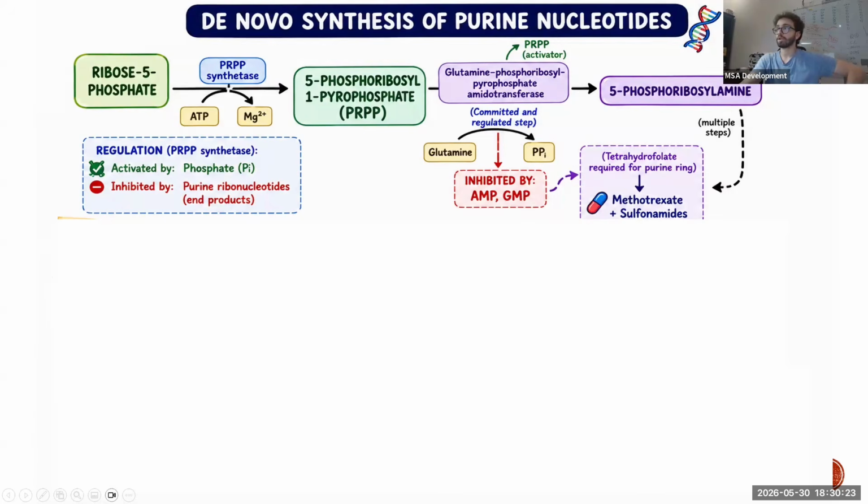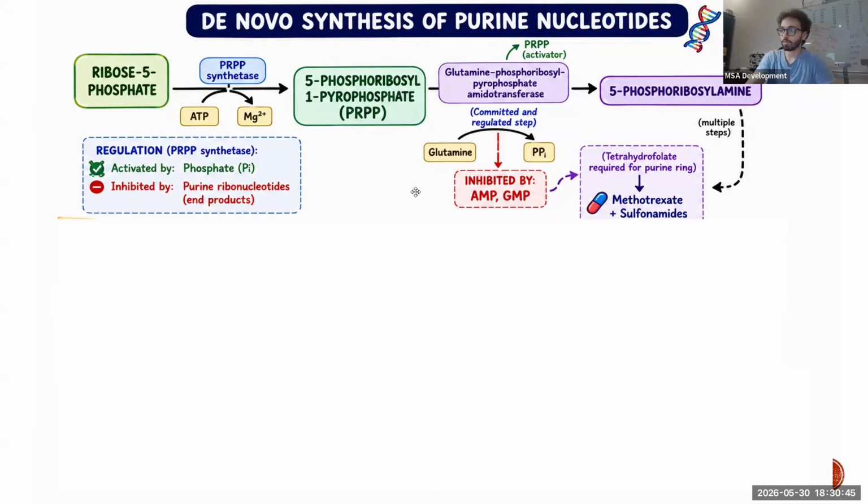Something I want you to know is that obviously tetrahydrofolate is needed in the purine ring. But why am I mentioning it here? Because methotrexate and sulfonamides are drugs that inhibit tetrahydrofolate. What will this lead to? It will lead to the inhibition of synthesizing nucleotides. Keep this in mind for later on.